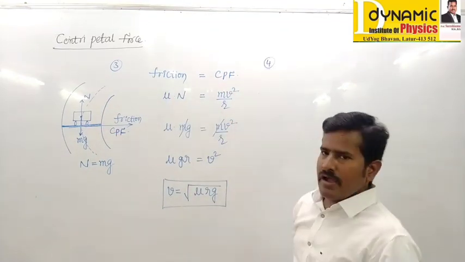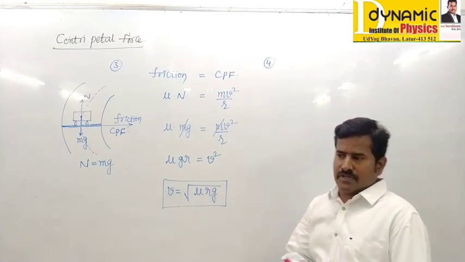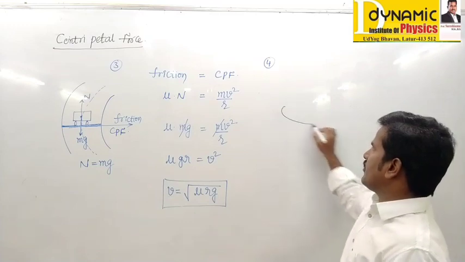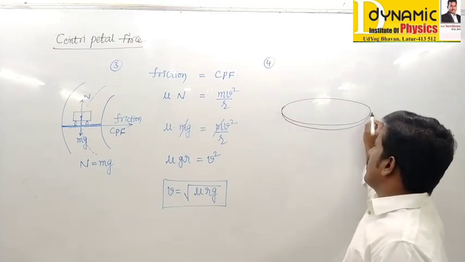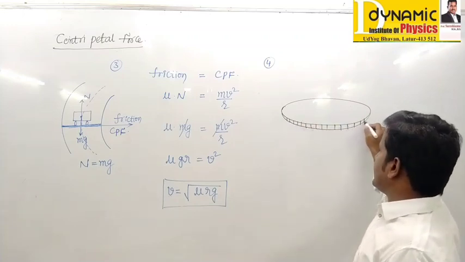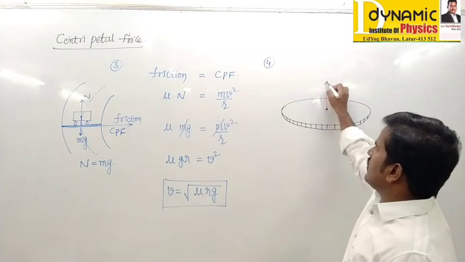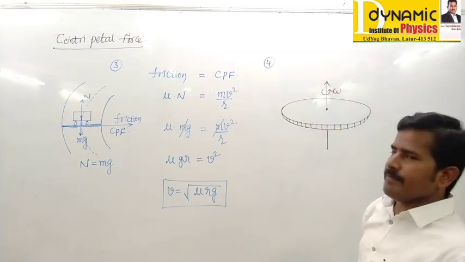Another example: one coin is on a rotating disc. The disc rotates with an angular velocity omega.